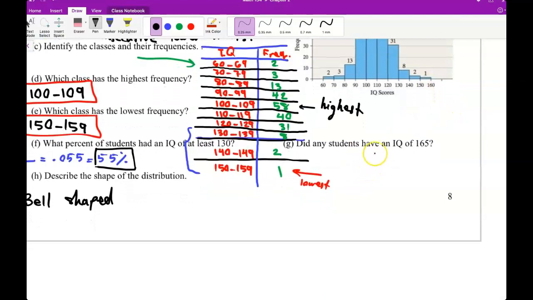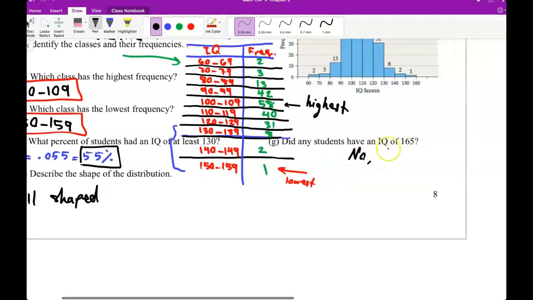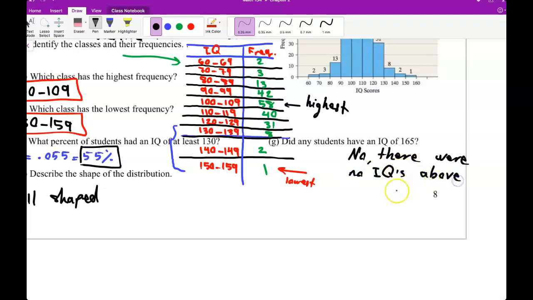So the answer is no. So we don't have IQ scores above 161.